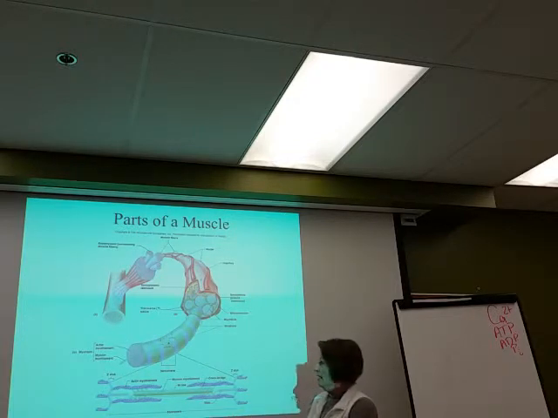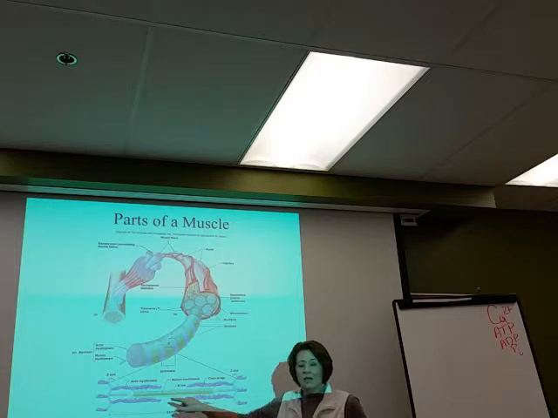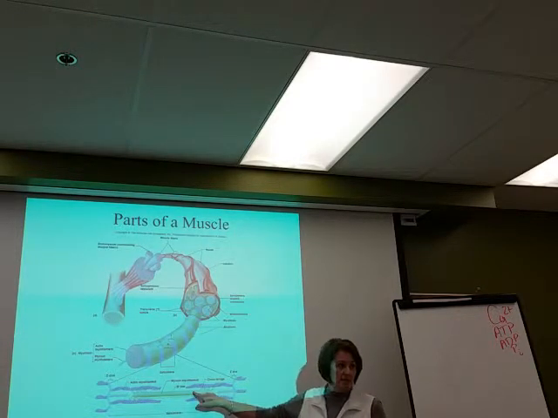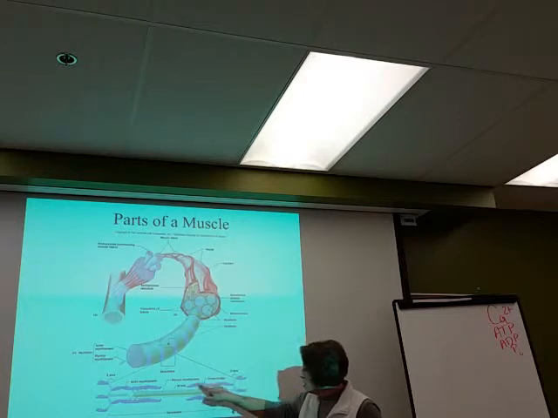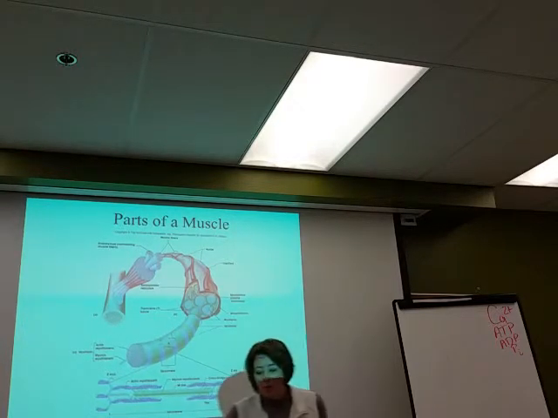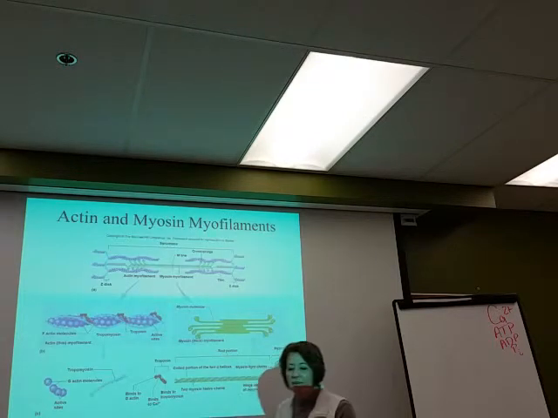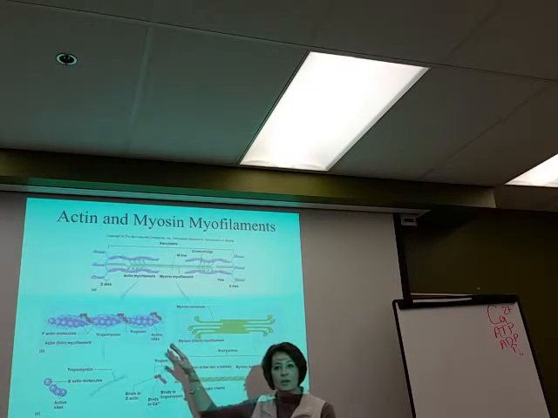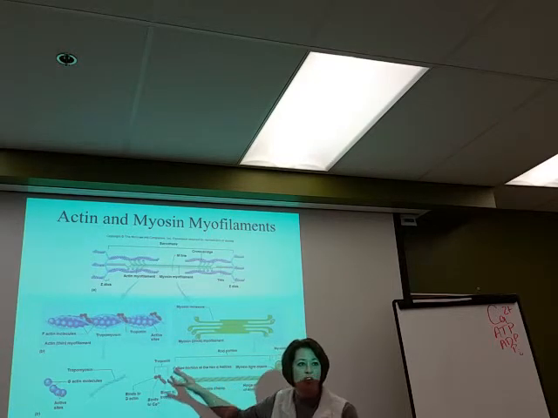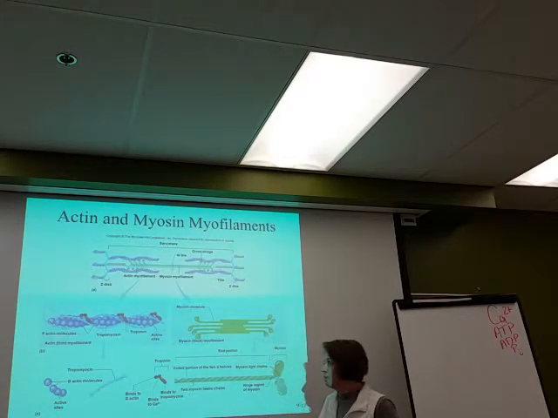So what it looks like right here, note we've got the big myosin filament, we've got the tiny actins. If we take that and get a bigger picture, this is our picture that we have now.